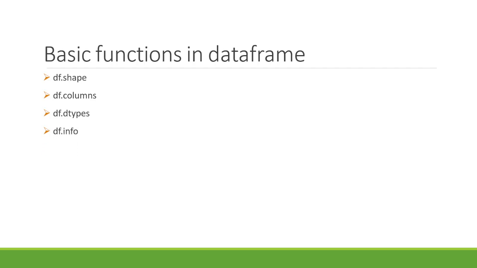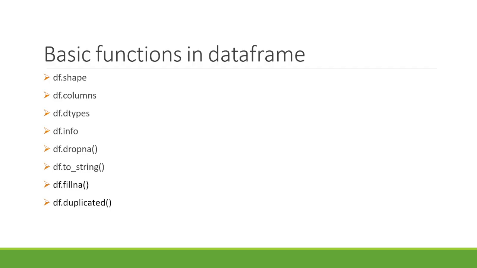After that we have df.info. df.info means it will give information related to your data frame. After that, dropna. If you want to drop any null values, like this is related to the cleaning of your data frame, cleaning your CSV file, then we are going to use these functions one by one. df.dropna, then df.isnull, df.fillna, then df.duplicated.